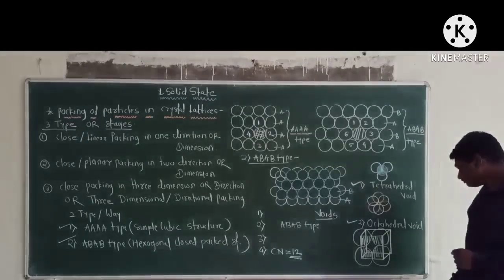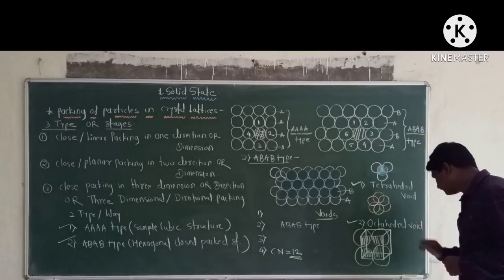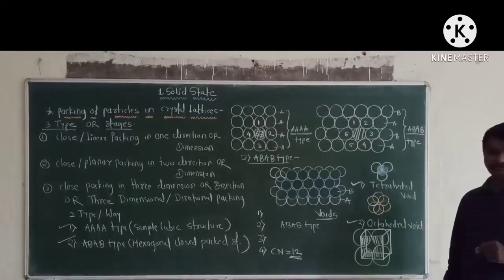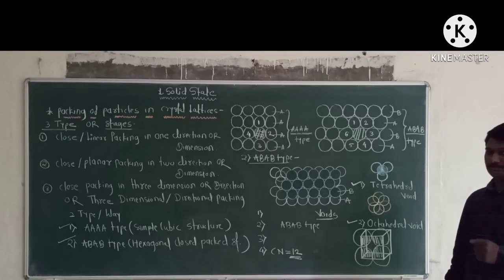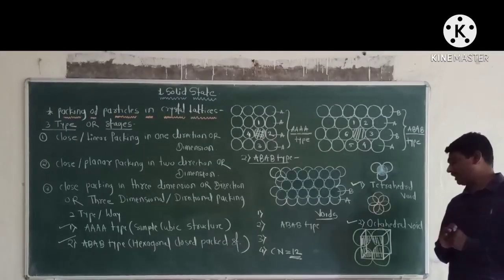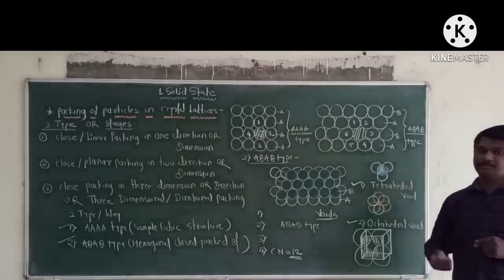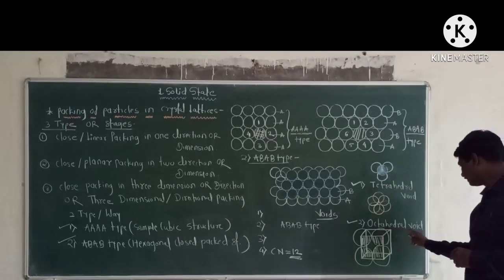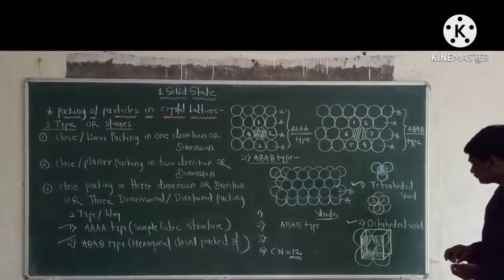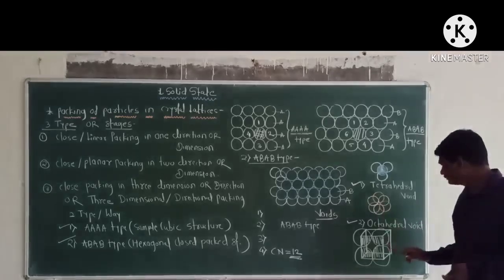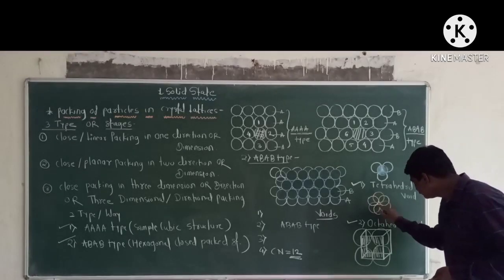Now next one, octahedral voids. The triangular empty space between three neighboring constituent particles of one layer is partially covered by three neighboring constituent particles of another layer, and is called an octahedral void. Let's see. These white constituent particles are three neighboring constituent particles of one layer, having a triangular empty space here.